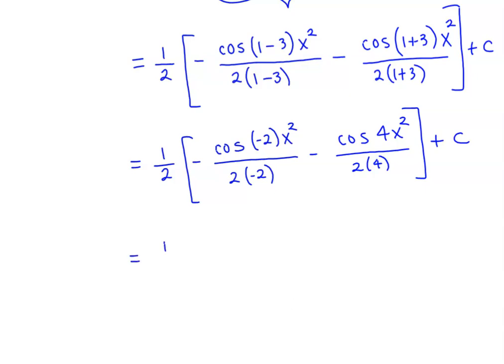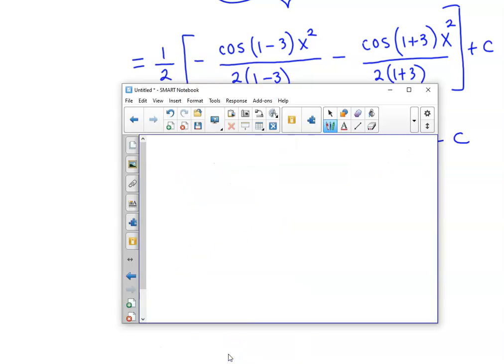So we have 1/2 times the cosine of 2x squared, and the reason why that is the case is because if you recall that the cosine of negative x is going to equal the cosine of positive x, and that's because the reflection is the same.